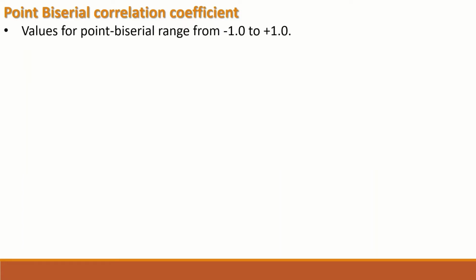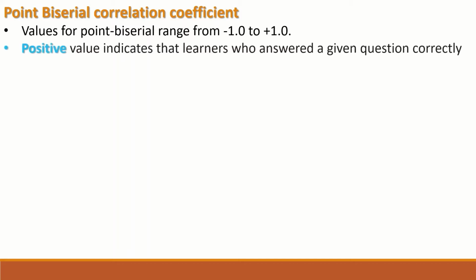Now, the statistical test for the Point-Biserial correlation coefficient generates values that range from -1 to +1. +1 indicates a perfect positive correlation. A -1 indicates a negative correlation, a strong one.